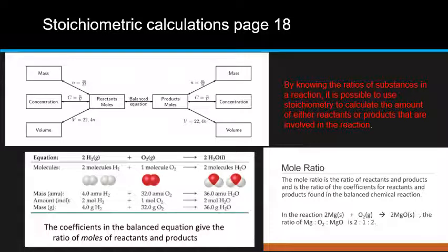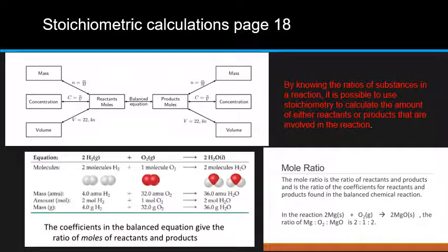So in essence, think about back in grade 9 when we used coefficients, which speaks about the number of molecules. That mole ratio has got to do with the coefficient. Okay, the coefficient is the mole ratio.